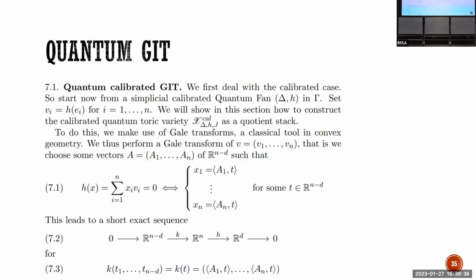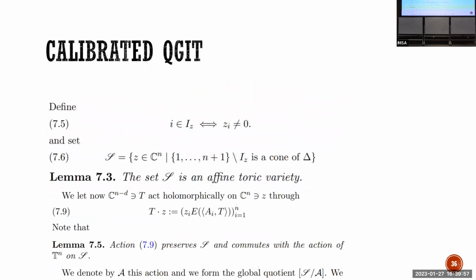Now you can do quantum geometric invariant theory. You do the gauge transform of H, and you get an A. That's the definition of the gauge transform, and the definition of A, the gauge transform of H. With A, and with combinatorics, you define, as you would expect, an open set S of semi-stable points, and then you divide by the action of A, the gauge transform of H, and you get some stack there, S mod A. So you get a well-defined stack.